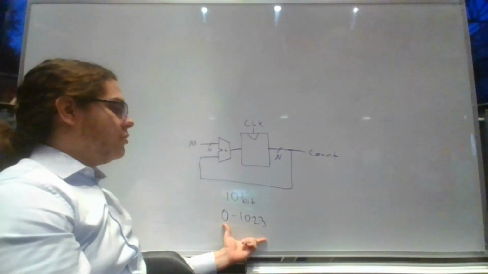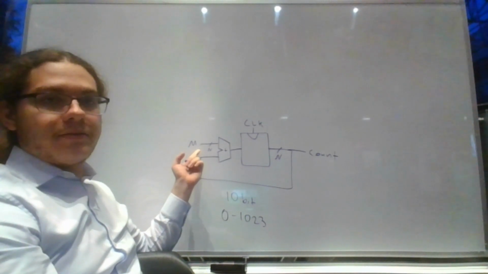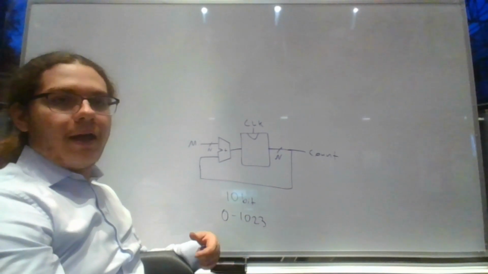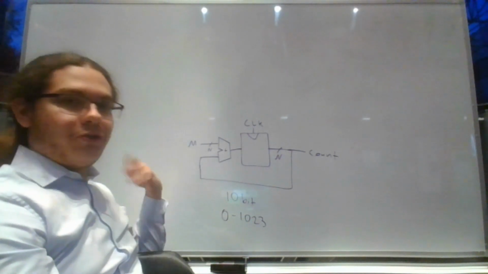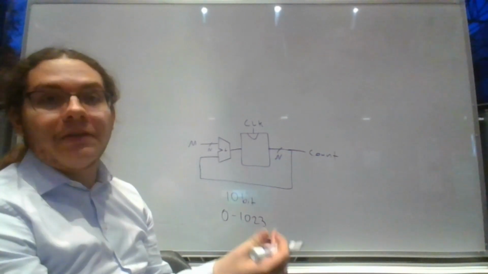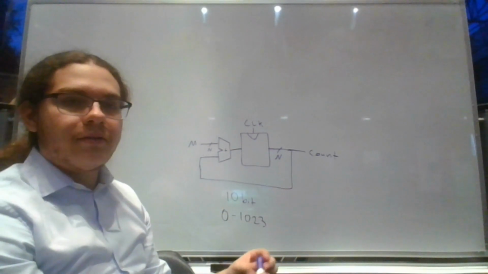That's the range of values that this wire can hold. If it's 10 bits, you can't get any higher than all ones, which is 1,023. The issue is, if you try 1,024, you just don't have enough bits to represent that number. You'd need 11 bits, and your wires just don't have that many.